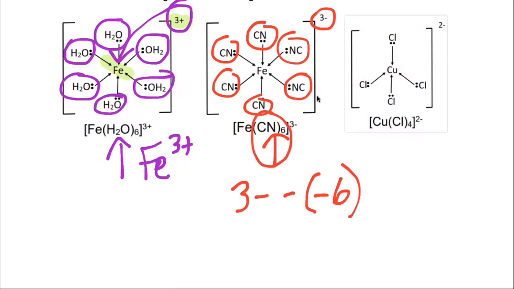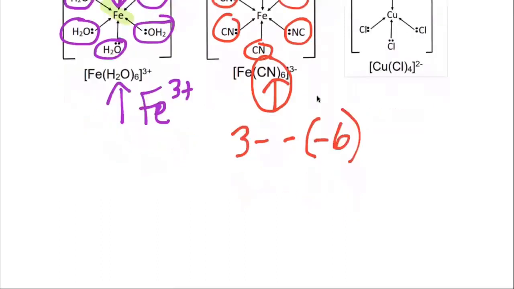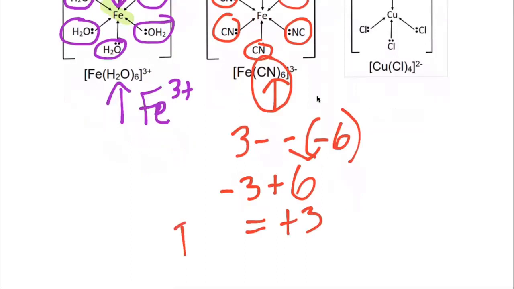Then you have to think about what happens when I subtract a negative number. It goes opposite. I'm actually going to be adding it. So this becomes -3 plus 6, instead of minus -6, which becomes plus 6. And -3 plus 6 is a positive 3. And so this iron is also 3 plus.